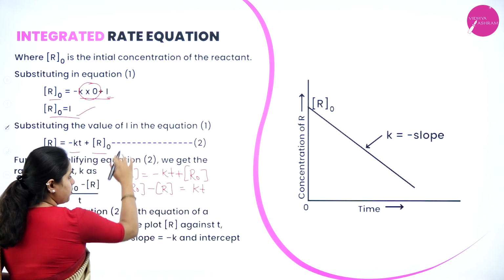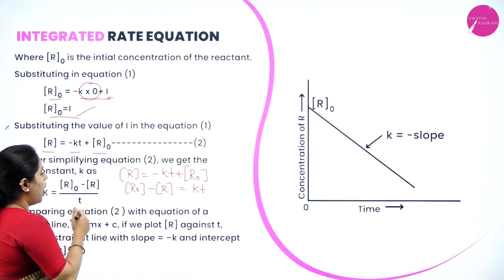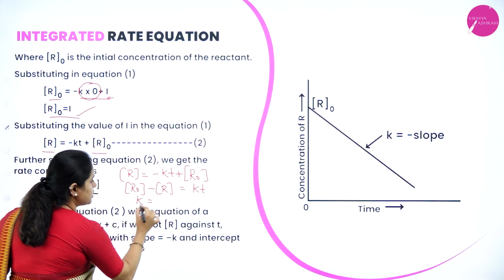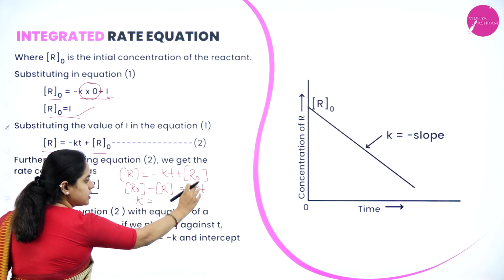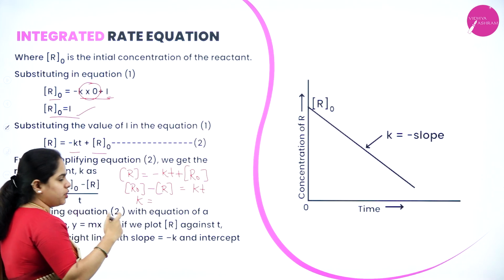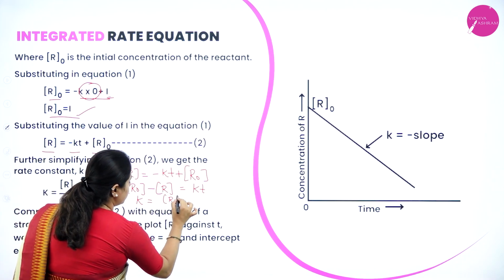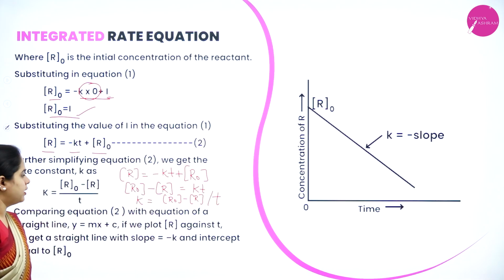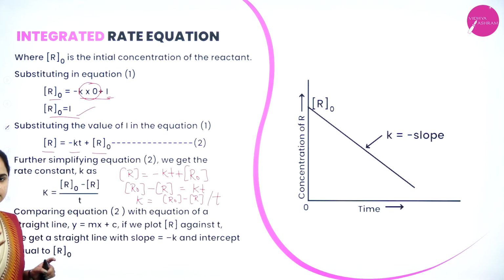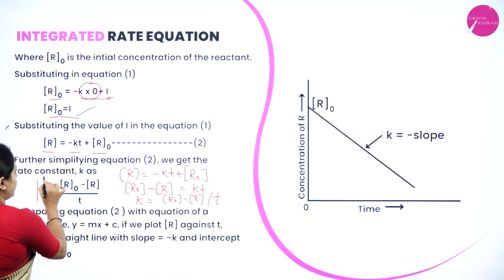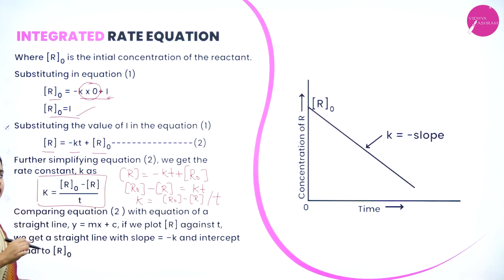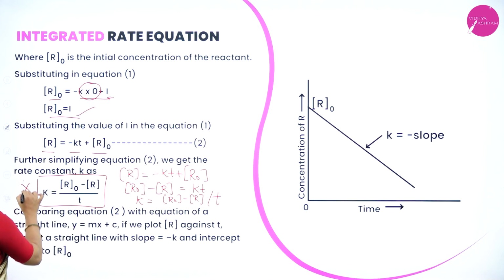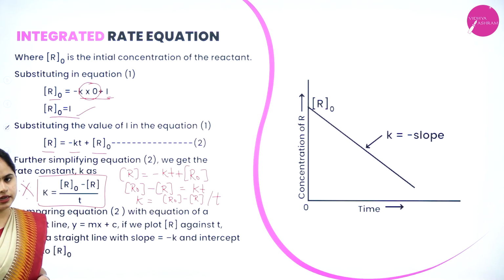This kt is brought here, R is taken there. Now, how can I write in terms of the rate constant? k will be equal to, take this t to the other side, it becomes the denominator. So it will be R0 minus R divided by t, right? That is the equation you can see here. By just rearranging, you get k is equal to R0 minus R by t. So this is the integrated rate equation for a zero order reaction.